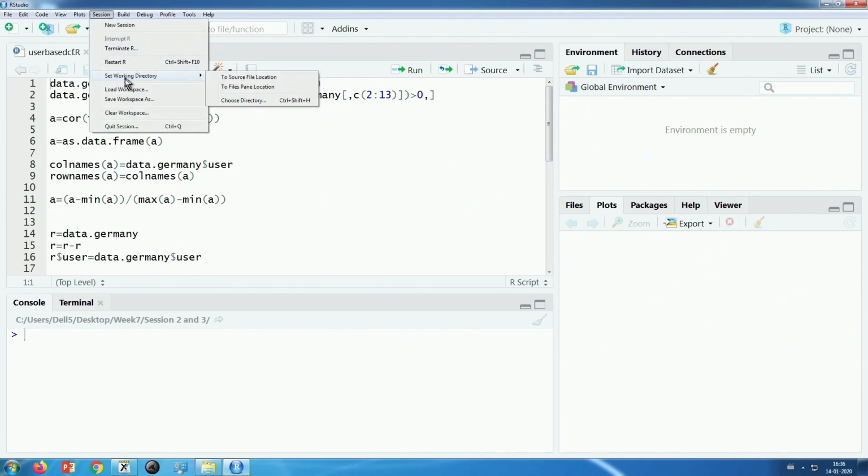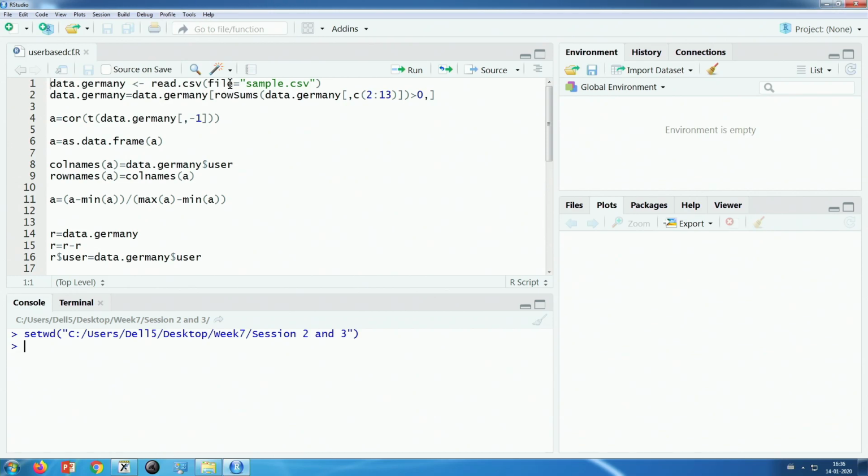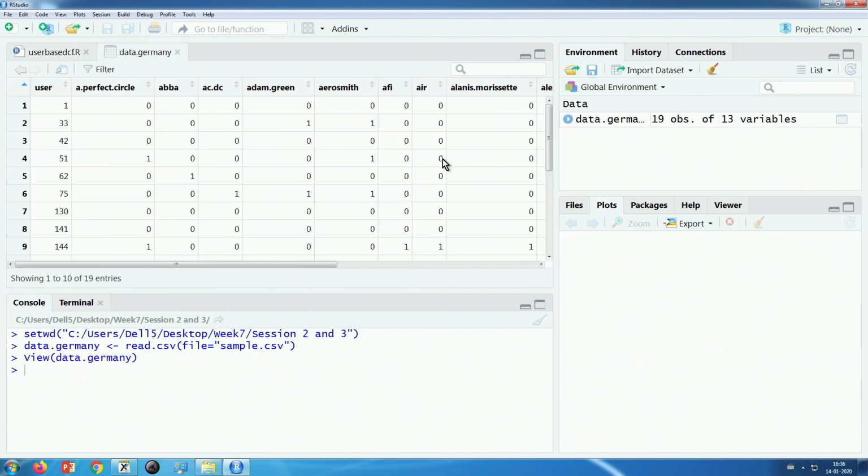Set working directory to source file location, that is the first job that we want to do, and then I will read the data set, which is the same sample.csv file. It is a smaller version of the bigger data set, which has 19 observations and 13 variables. So 19 observations are various users, and 13 variables are 13 columns.